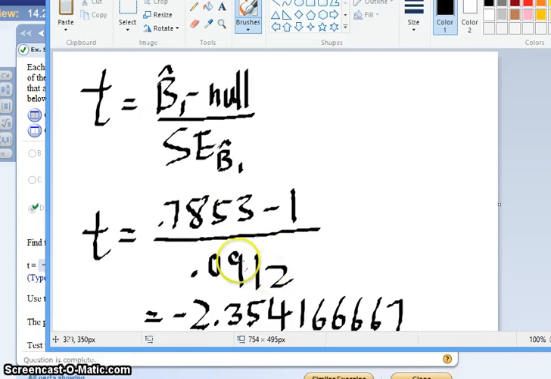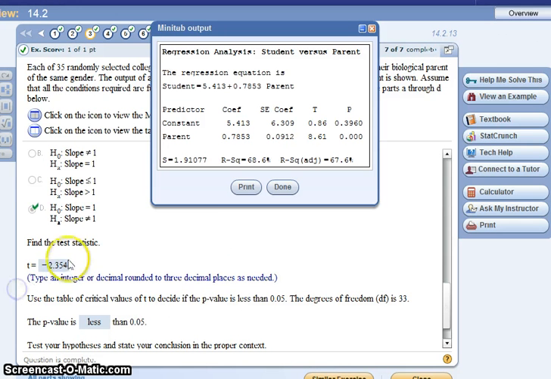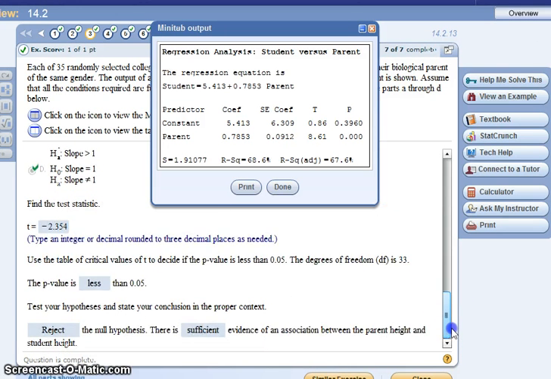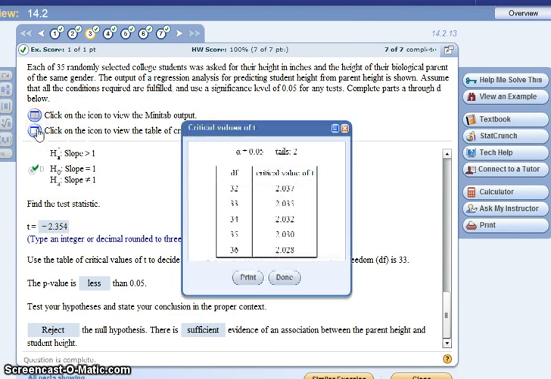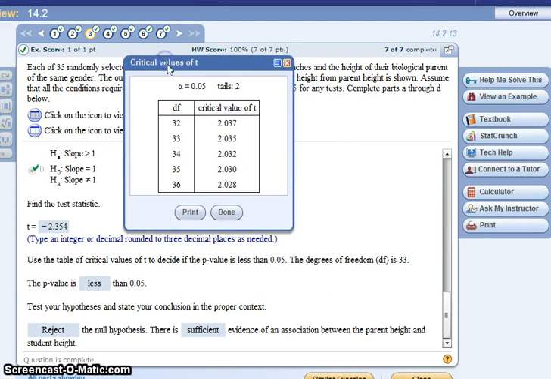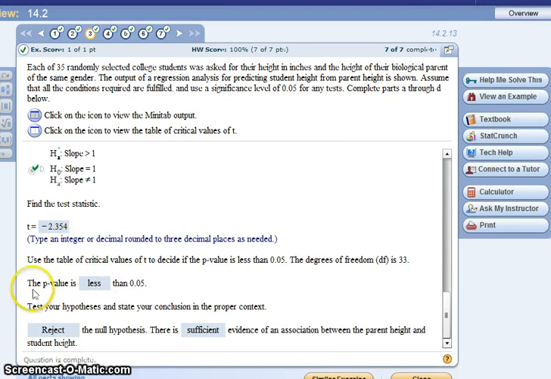So it's just that, and then we'll calculate a number like this, and when we round it, it will give us this answer. And since that number, if we take the absolute value, is greater than any of these critical values of t, we can estimate that the p-value is less than 0.05. And so we reject the null hypothesis, and there is sufficient evidence of an association between the parent height and the student's height.